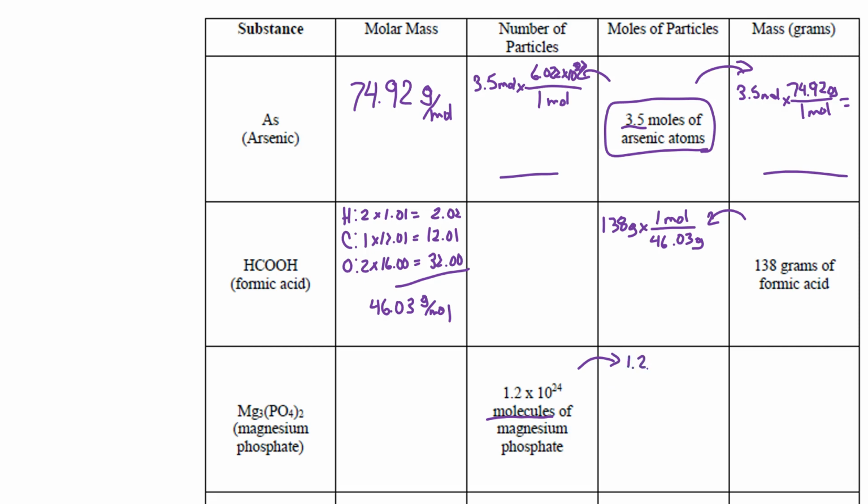So 1.2 times 10 to the 24th, and I'm going to use Avogadro's number, 6.022 times 10 to the 23rd is 1 mole. And it should give you right around 2.0 moles. And then now that we have moles, we can solve for this, but we have to get this first.